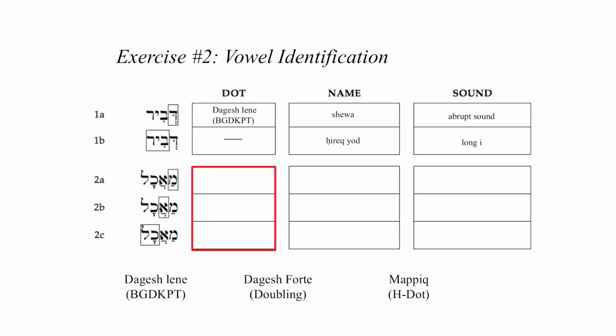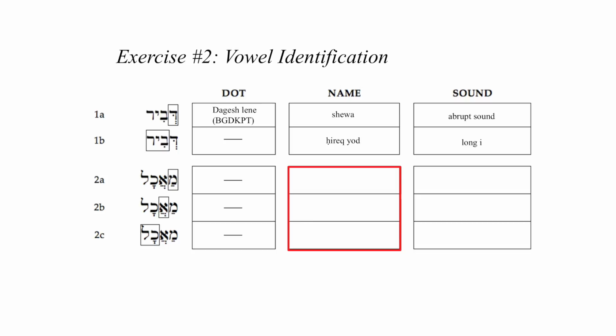In none of these do we have any dots. So we can leave the first column blank. In the second column, the first vowel notation is a short A or patach. So we write in the name of the Hebrew vowel, patach, so that we become familiar with it.